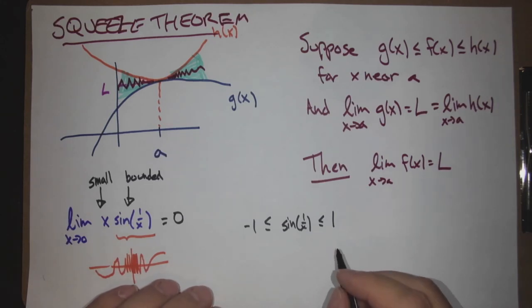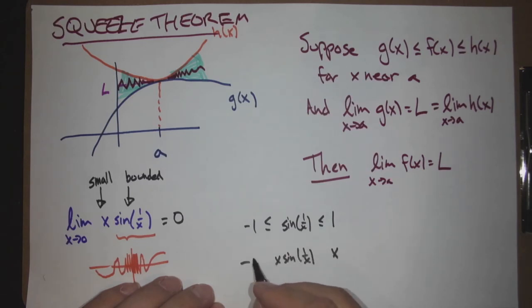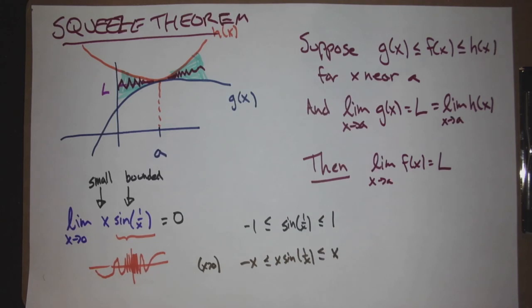Okay, so let's multiply everything by x. So x sine 1 over x, and -x. I'm just going to put x positive here for a second, just so we don't get too confused. -x is less than or equal to x sine 1 over x is less than or equal to +x. So if x is positive, I multiply through, I don't change my inequalities.